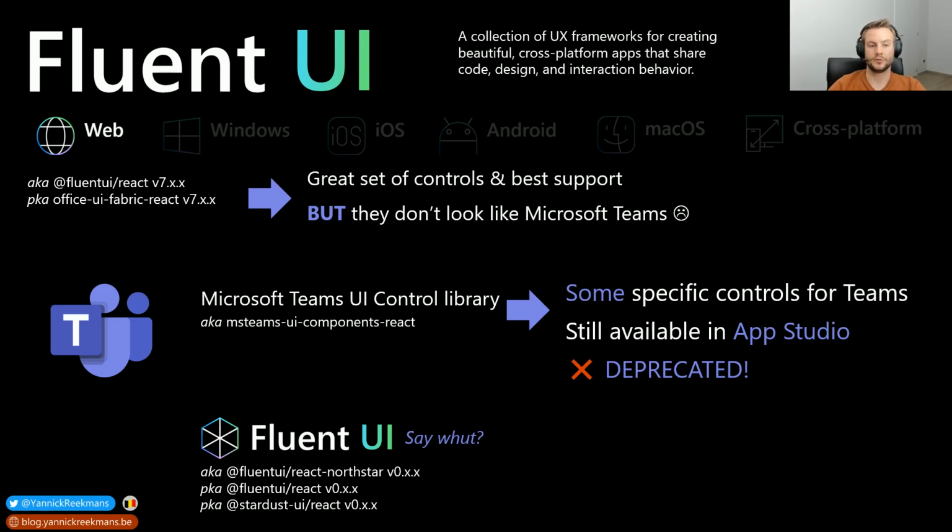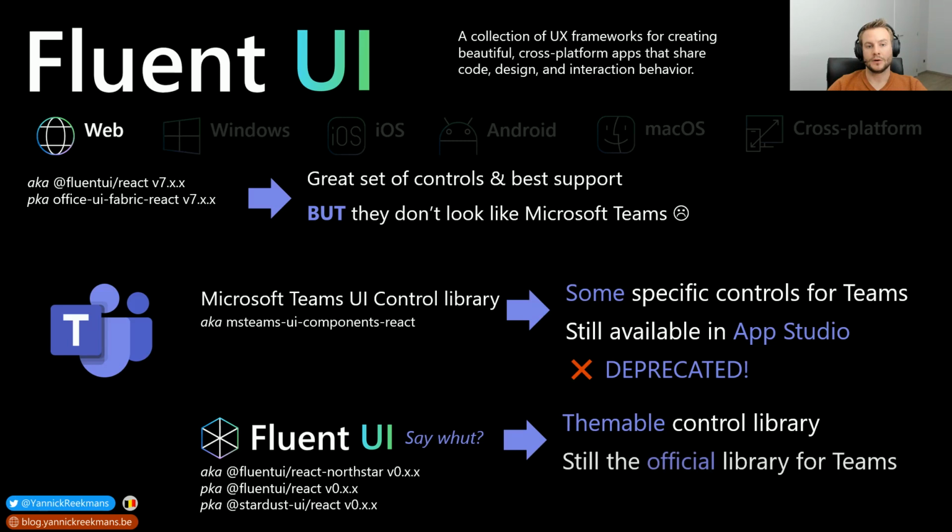That's also out, and in the beginning it was known as Stardust UI. And the goal of Stardust UI was to be a themable control library. Although it went through 2 renames and is currently under the Fluent UI brand umbrella, the Northstar version 0 is still the official library for Teams application development.